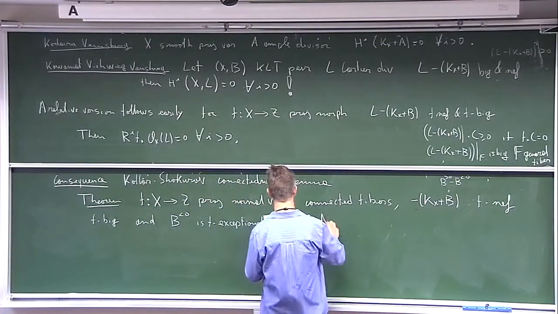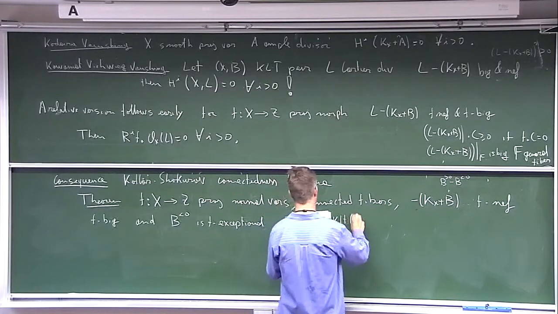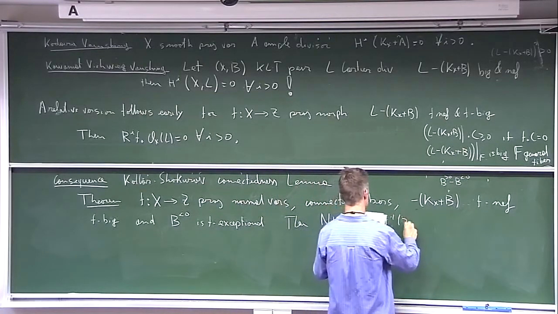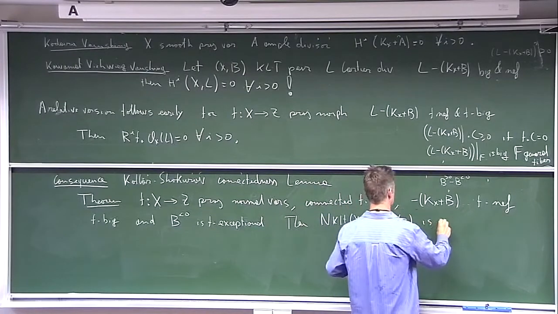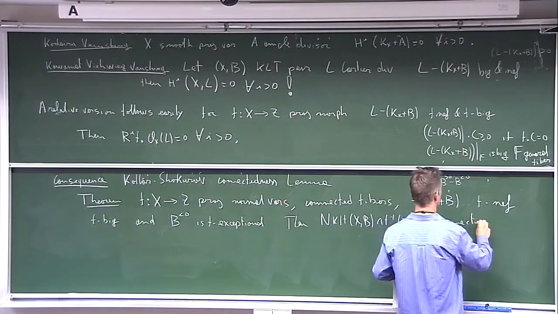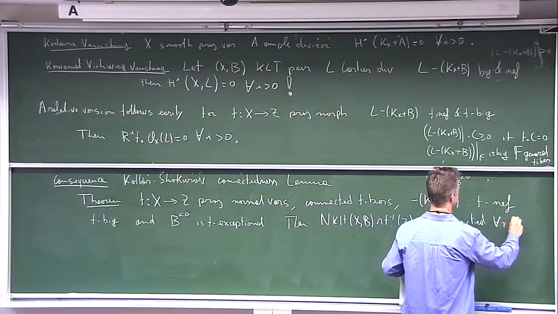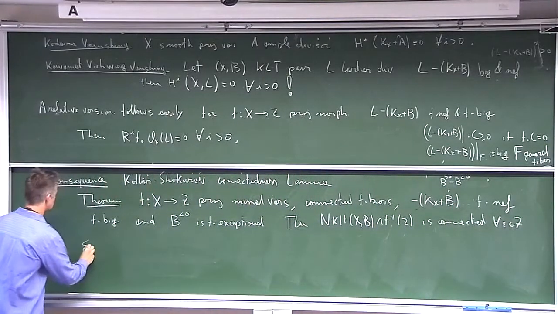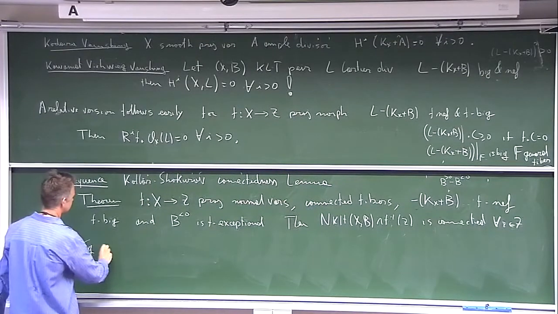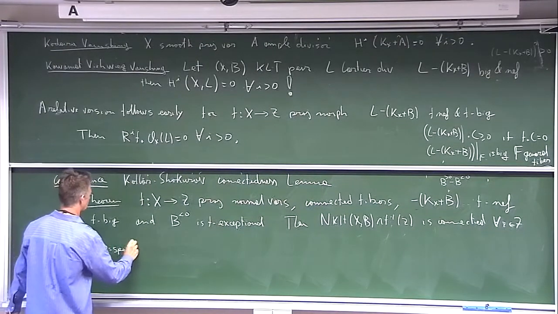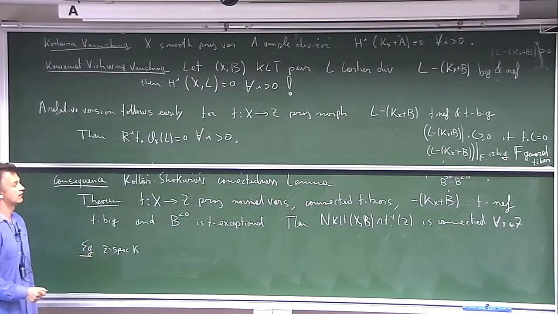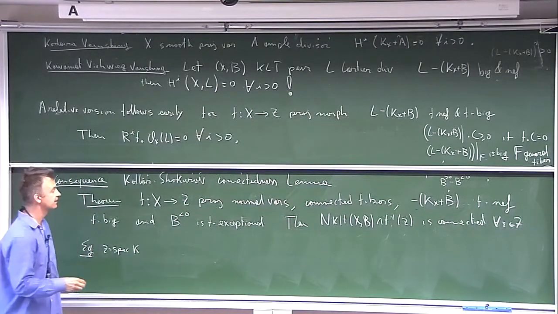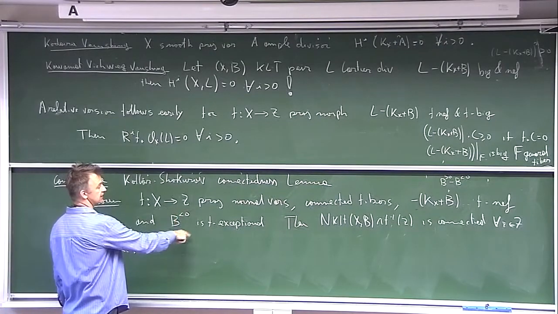Then, when I look at the non-Kawamata log terminal locus of (X, B) and intersect it with any fiber, this is connected for any z in Z. So, for example, Z equals Spec k. This would be some kind of log Fano: minus (K_X plus B) is nef and big, and this would have to be empty.